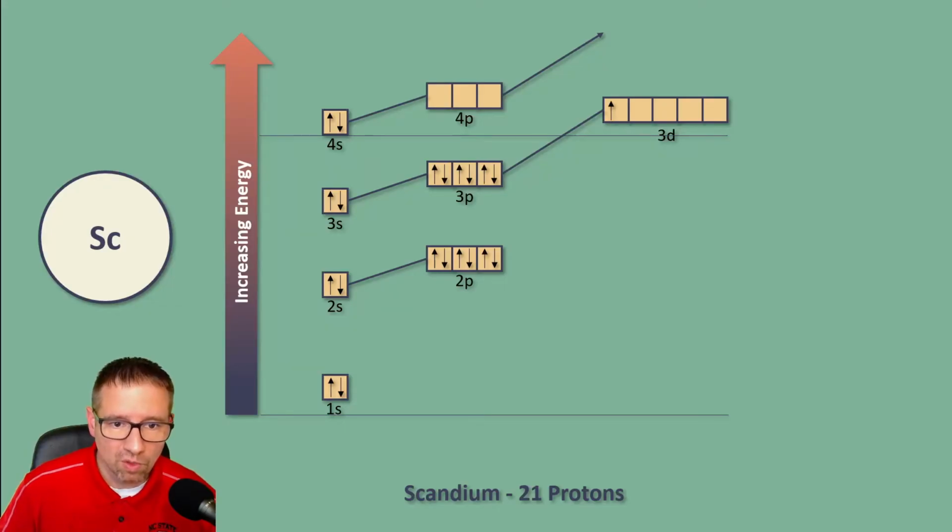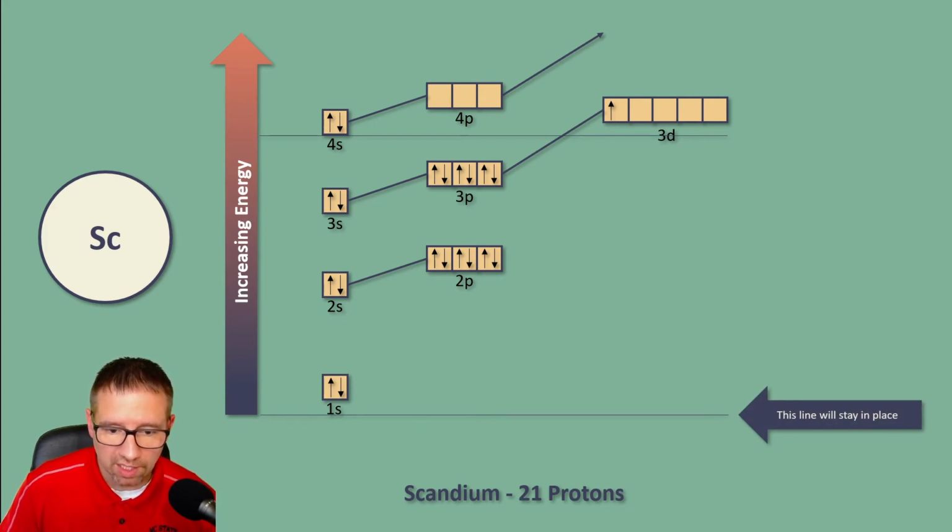Okay, so to move on and pull all this information together so you can see how this all comes together to explain exceptions, we're going to start moving across that row that I showed you earlier. And we're going to start with scandium. Now, what I've done is I've made a line here at the bottom. It's going to stay in place as we move across the periodic table.